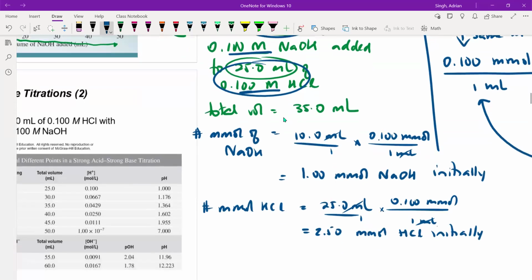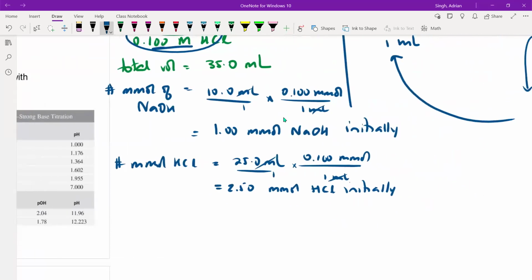All right, so the amount of HCl left: remember now, the H+ and the OH- react to produce H2O. So initially I have 2.5 millimoles of the H+, I'm sorry, these are swapped, and I have 1.00 millimoles of the OH-.